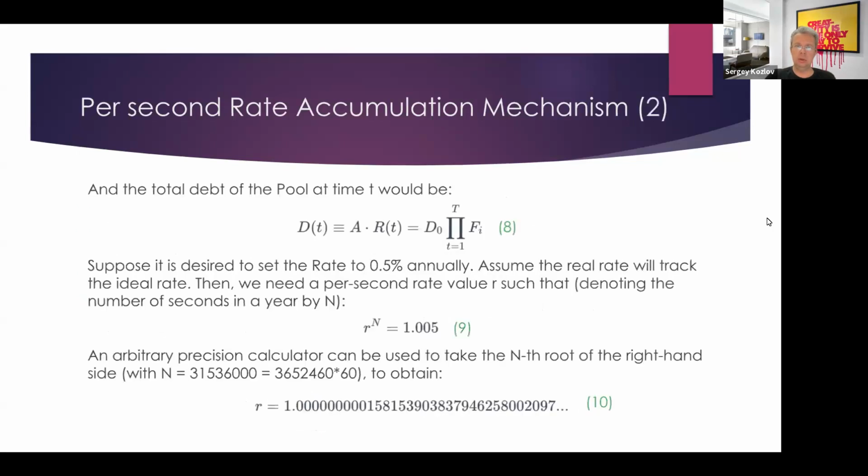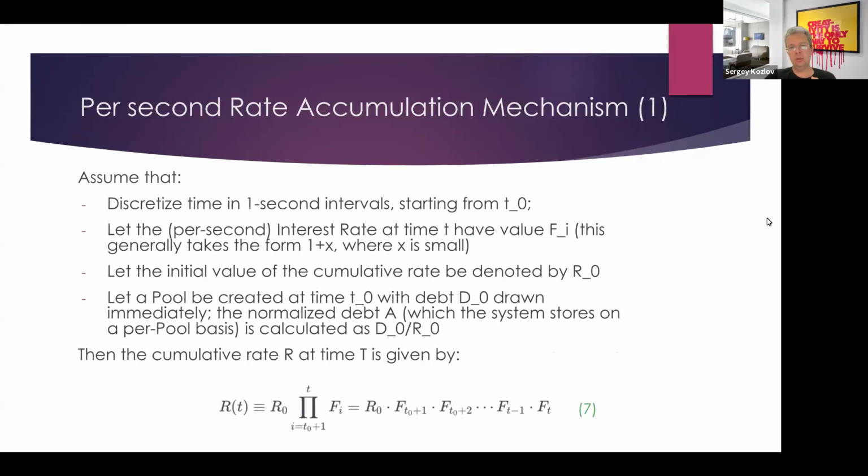Then we have a so-called normalized amount. As soon as you supply anything to the pool, the smart contracts keep a record of not the amount you provided, but the normalized amount. Normalized meaning that it is divided by some factor which is calculated like this.